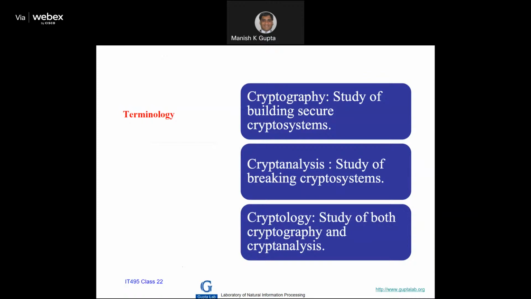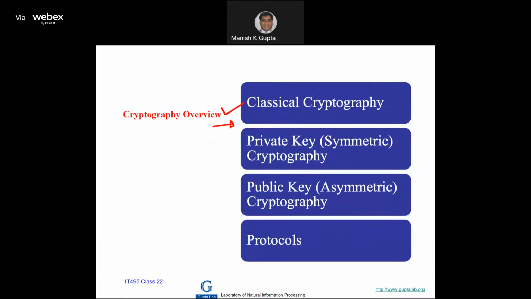I'm just recalling a few basic things about cryptography from last year's course. Then there are four kinds of things that you look at in cryptography. First is classical crypto systems like ciphers. There are different kinds of ciphers, right? Substitution ciphers and so on. That comes under the purview of classical cryptography. Then we have private key cryptography, symmetric cryptography.